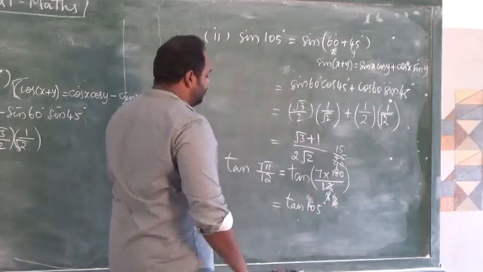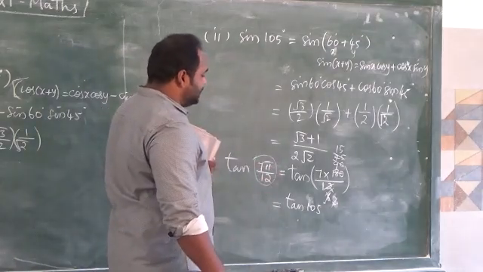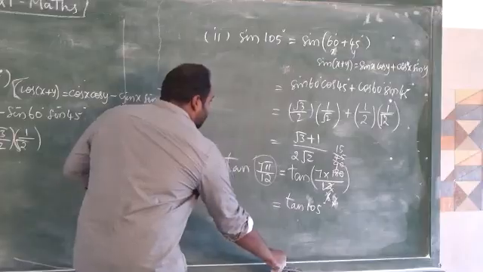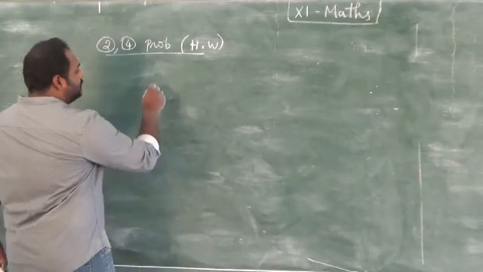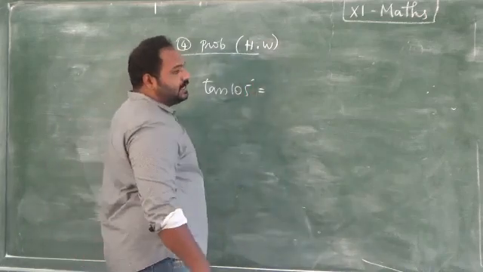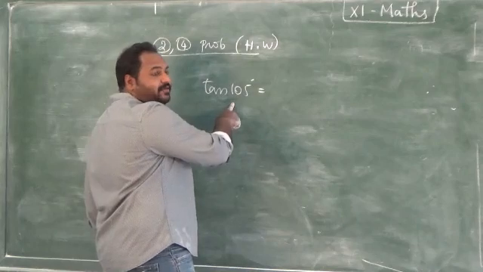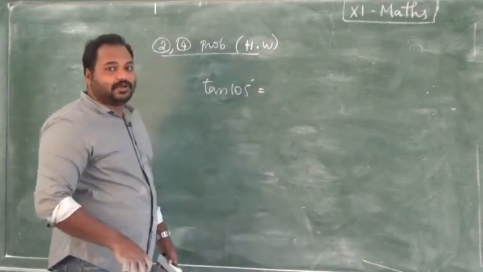So now the value of 7 pi by 12 radian is tan 105. So for tan 105, we can find it out using tan 60 plus 45 and the tan of x plus y formula.